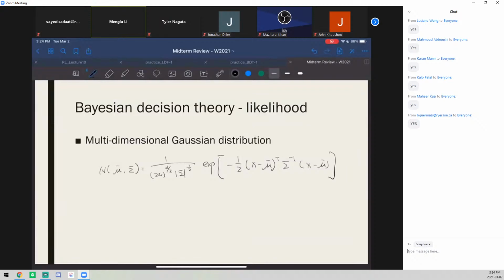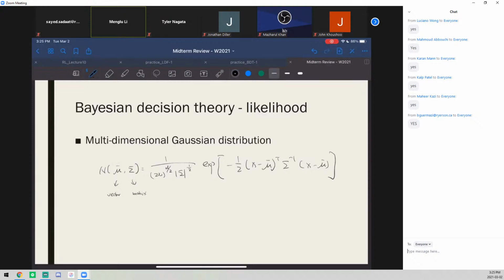The mu bar is also the mean, but it's a vector, because multivariate means there is more than one dimension. So the mu bar is a vector of means, and the second parameter is the covariance matrix.